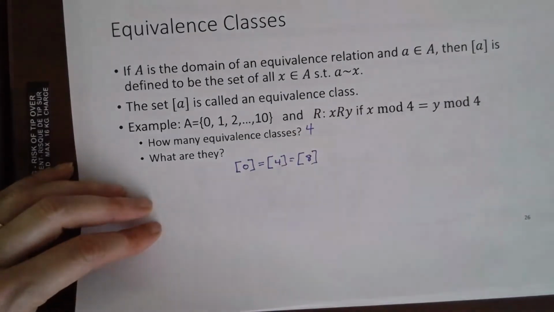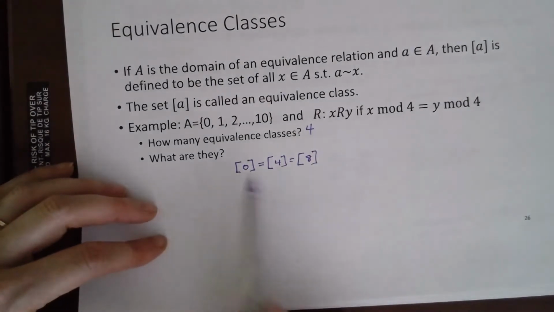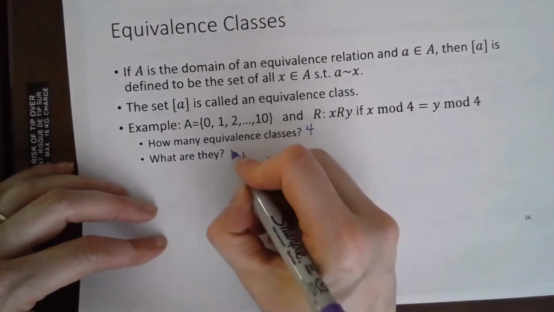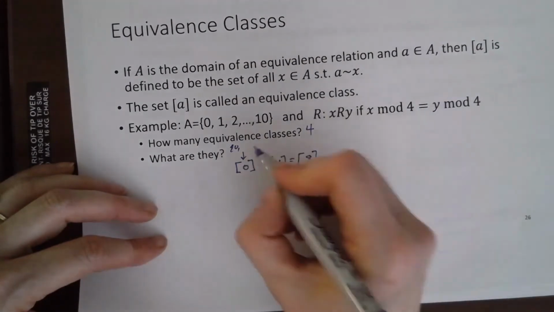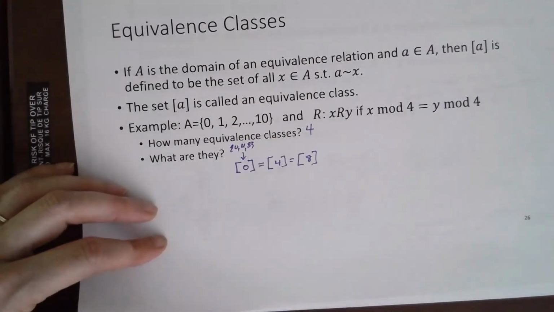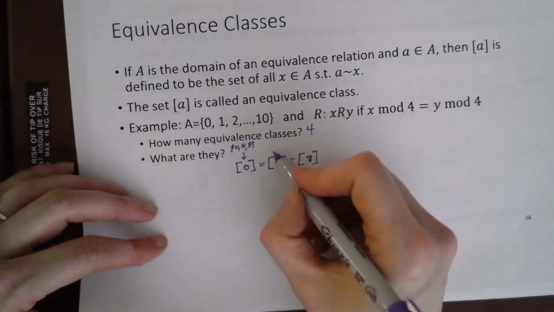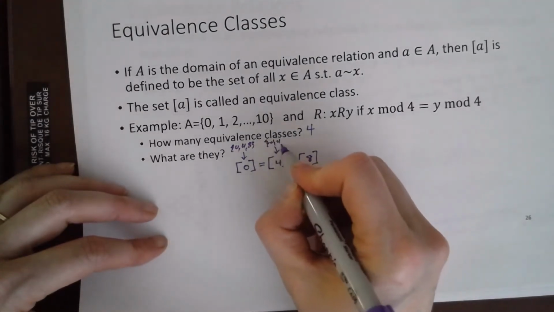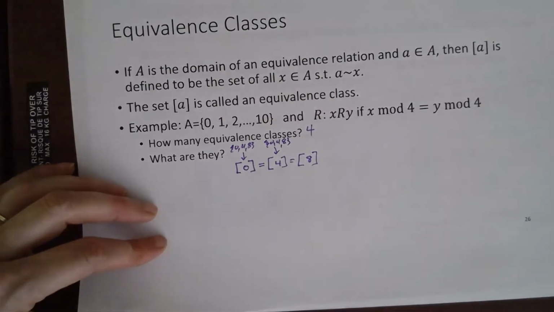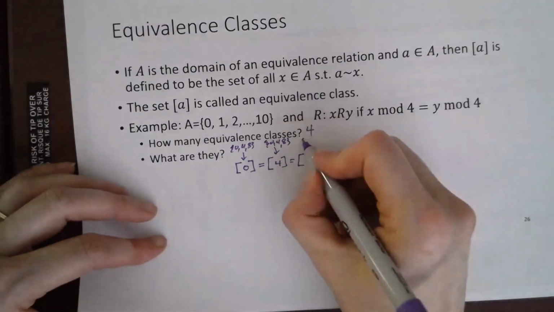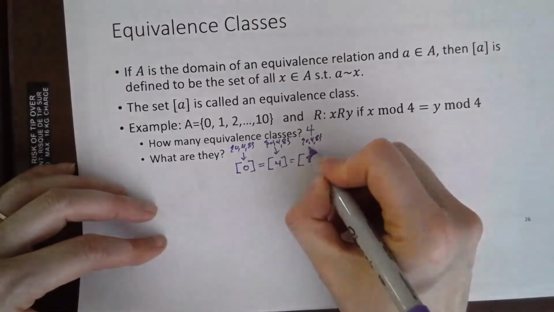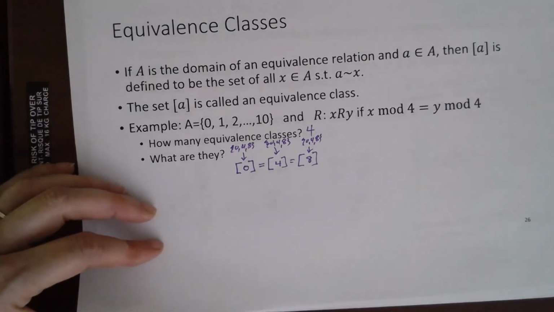Those are all the same thing. So what's related to 0? Well, 0, 4, and 8. What's related to 4? Well, 0, 4, and 8. What's related to 8? Well, 0, 4, and 8. So these are all just ways of saying exactly the same set.